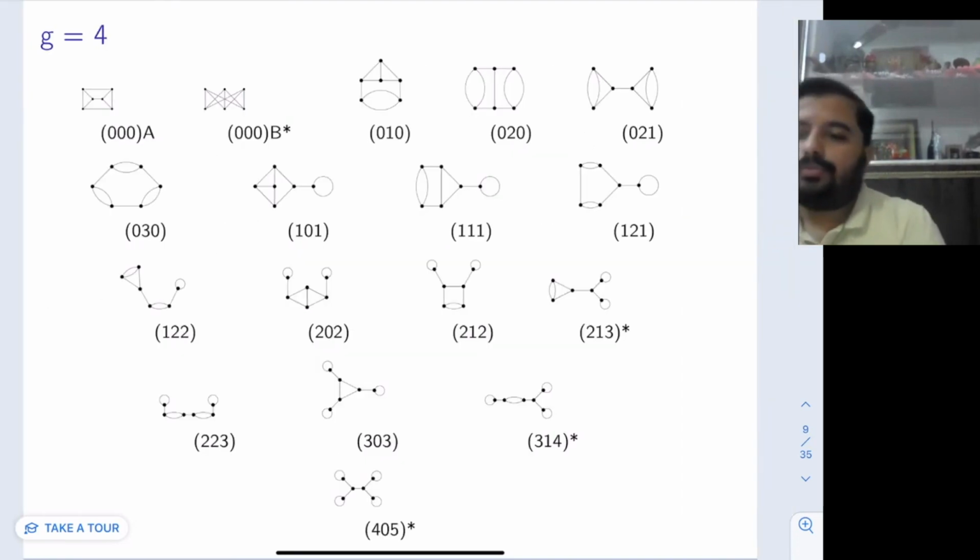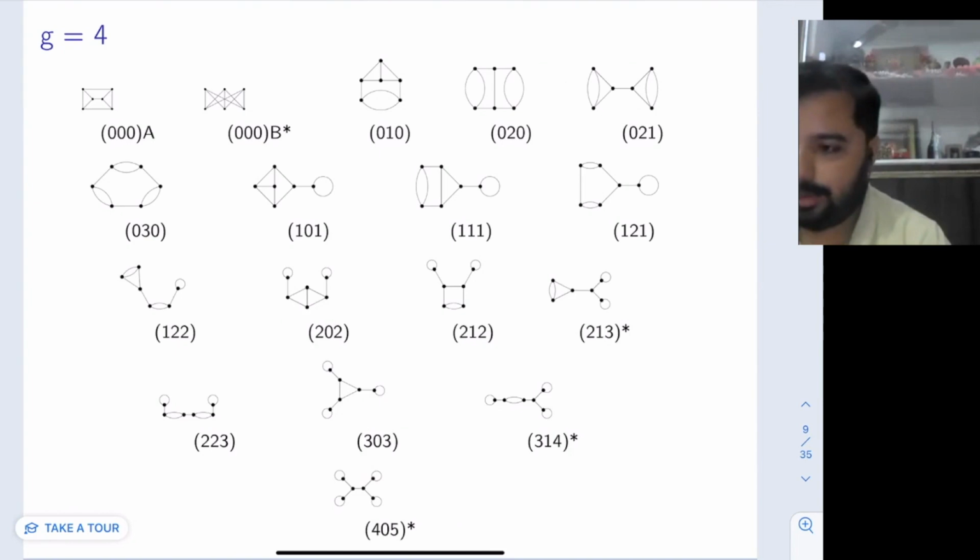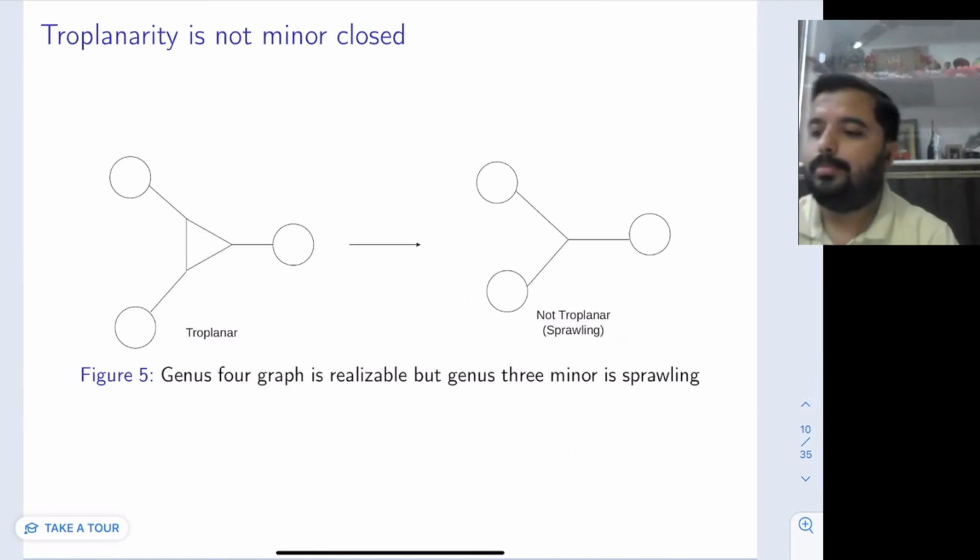And in the case of genus 4, there are 17 graphs, out of which one is non-planar. Obviously being non-planar is the most trivial criterion for being ruled out as a skeleton, because we are working with planar graphs, and 3 of them are sprawling, and all others are realizable. So this result is already there in the 2015 paper.